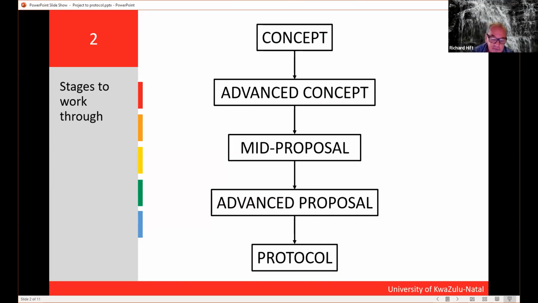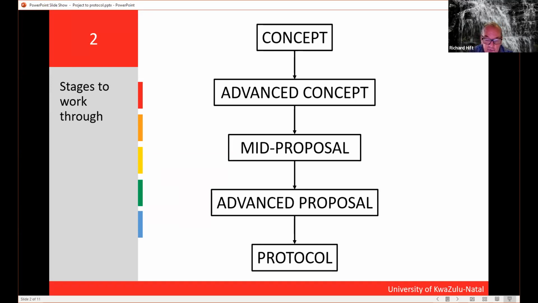You know, people have different definitions for what's a proposal and a protocol. But to me, it's the developing the actual concepts and ideas to the point that they can be committed to paper or electronically these days as a protocol for formal submission. So we go from the advanced concept into somebody mid-proposal, somebody who's well on the way to developing the proposal such that it can become a protocol.